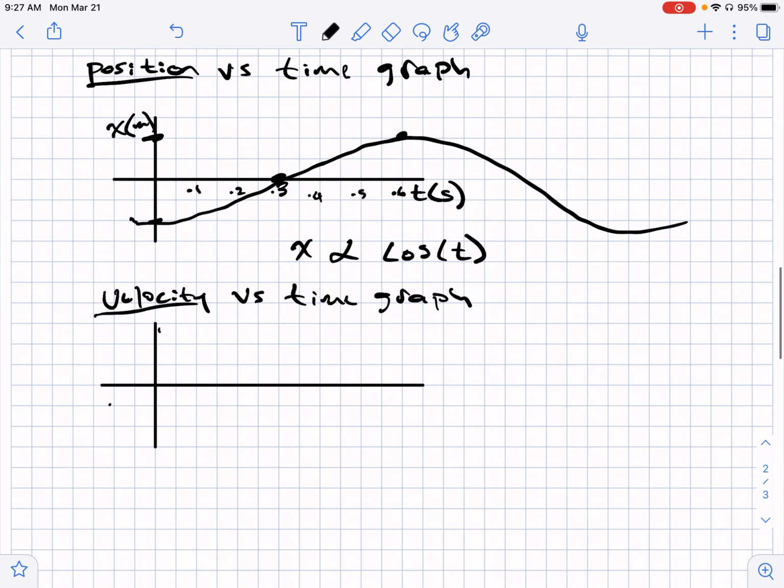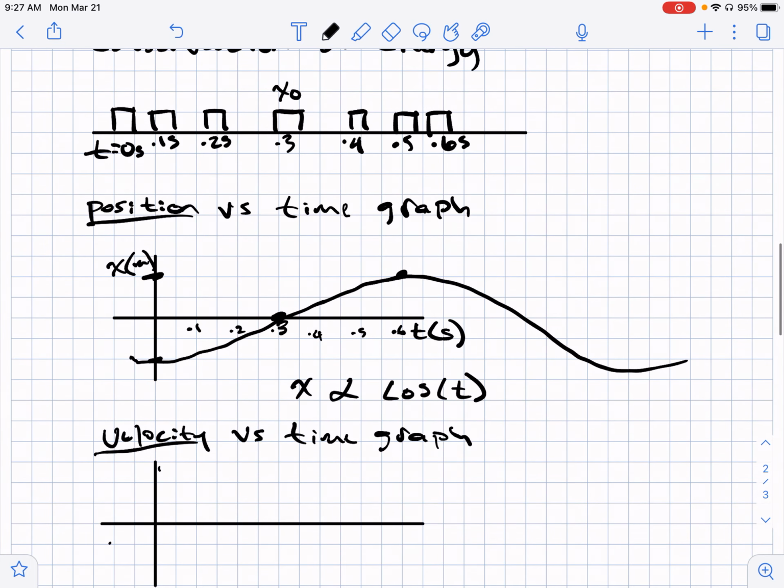So let's go back up and look at this mass on a spring. Right here at time equals 0, you're at your maximum stretch, so your velocity is going to equal 0. And over here at 0.6 seconds, again, your velocity is going to equal 0 because you're at your maximum stretch.